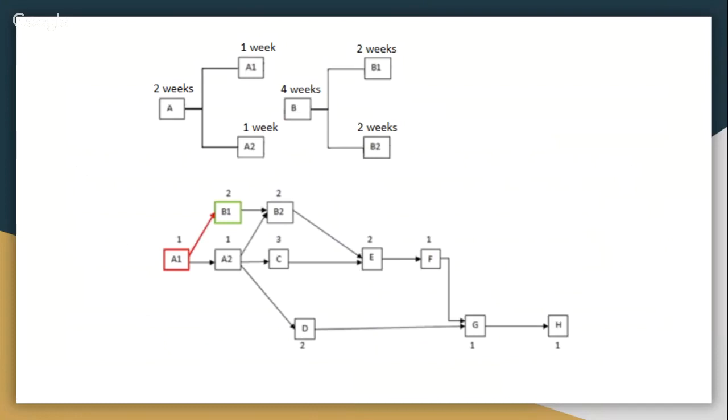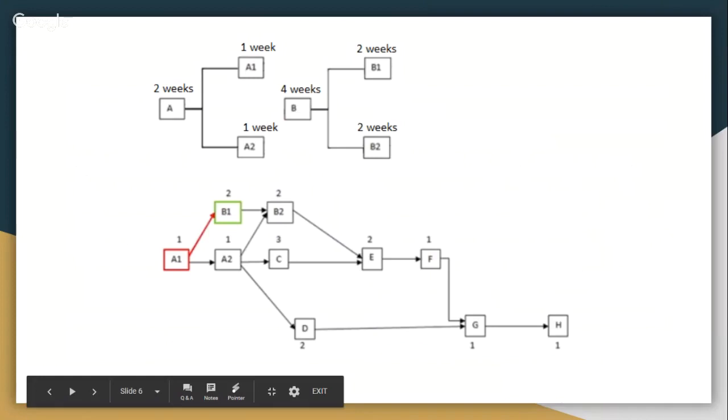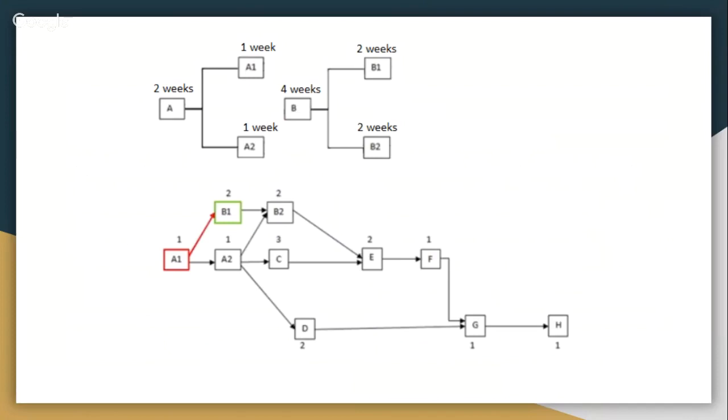In the first diagram, we can see that an activity is divided into 2 subtasks, which are called activity 1 and activity 2. Both of these activities are going to take 1 week each, so the total amount for the completion of activity A is 2 weeks.